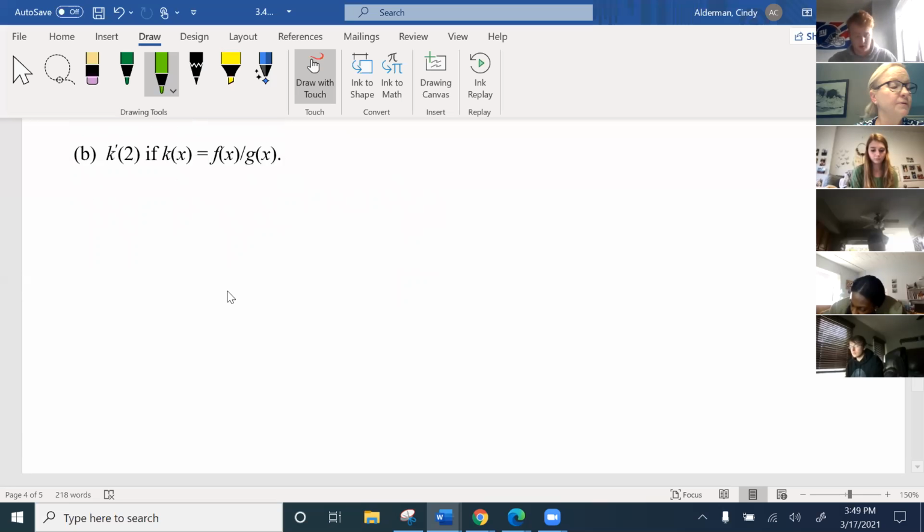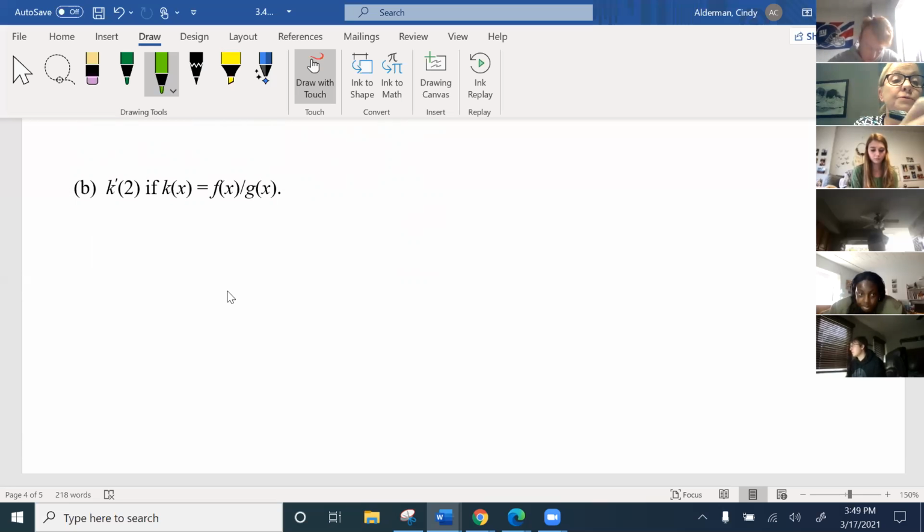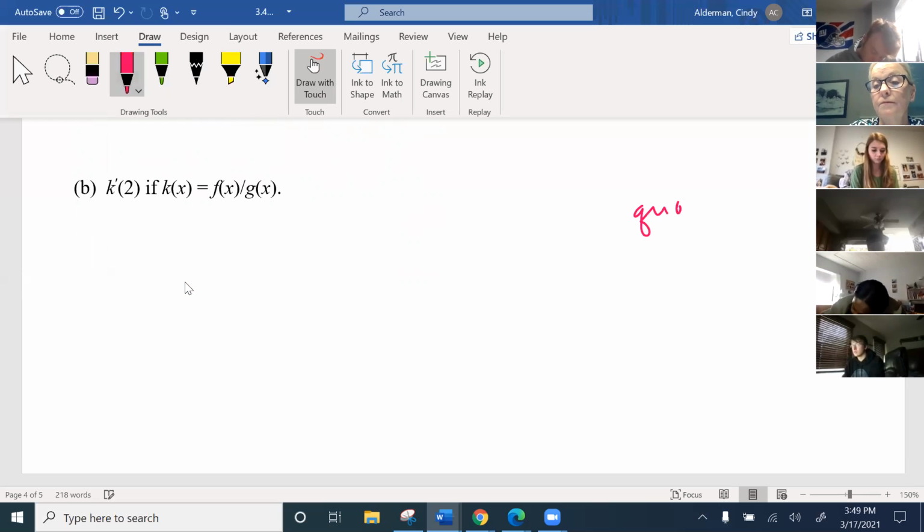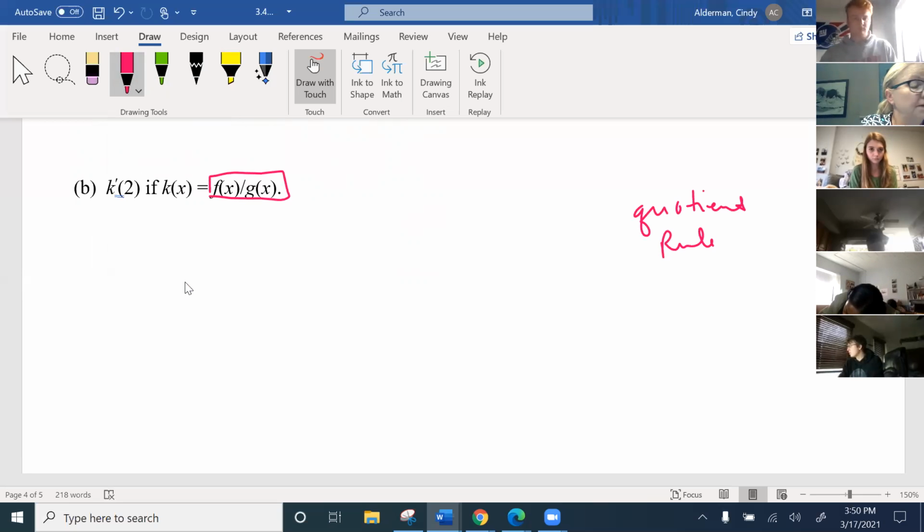All right, now this one, we're going to use the quotient rule, because they're asking us really for a quotient here, right? So let's remember what k prime of x is first for the quotient rule.